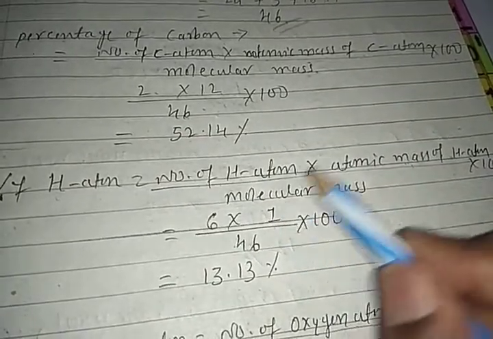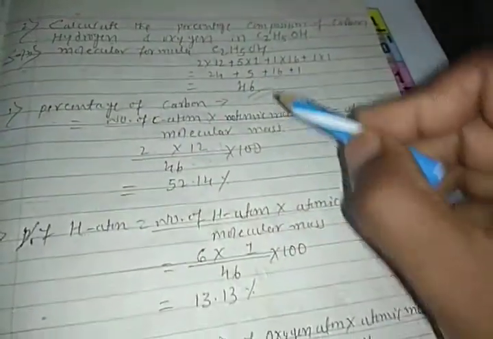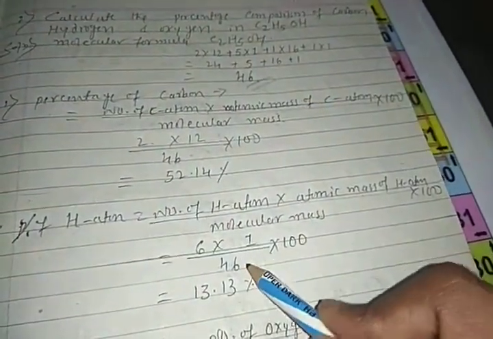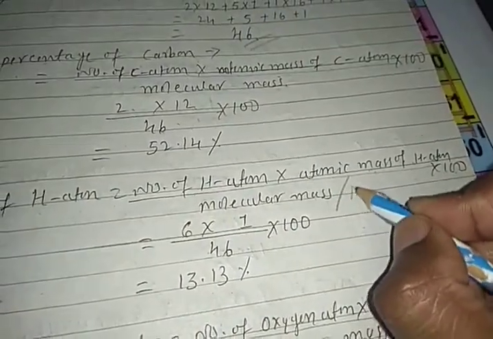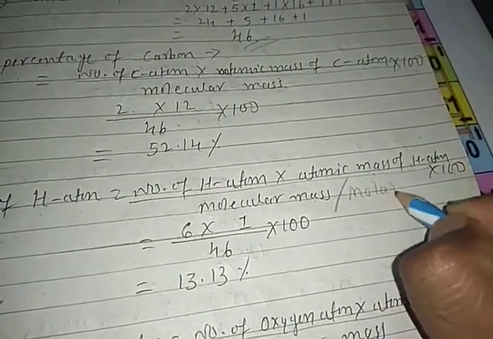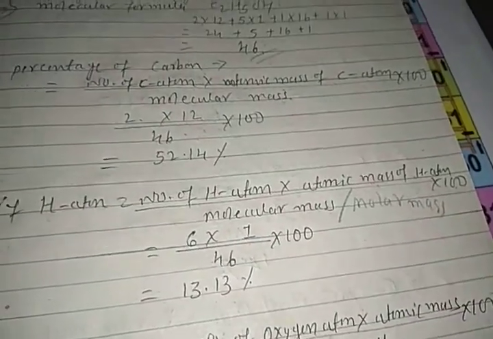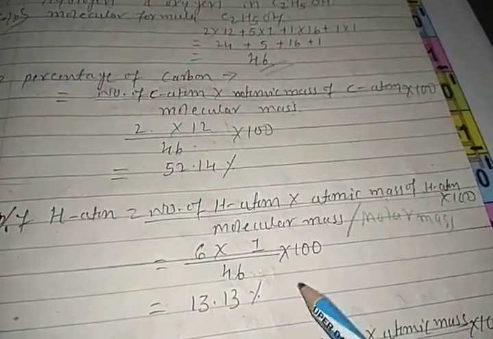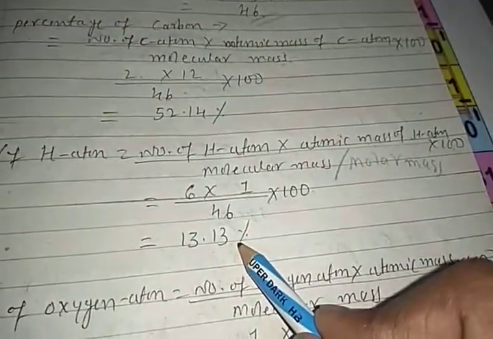We are multiplying. Molecular mass is 46. You may write here molecular mass or molar mass. Both are correct, students. Don't be confused here. Molecular mass or molar mass, both are the same. Into 100, that is 13.13%.